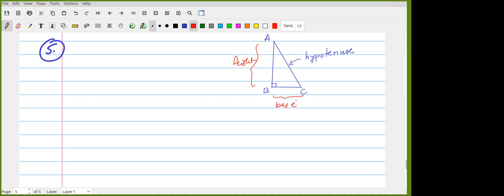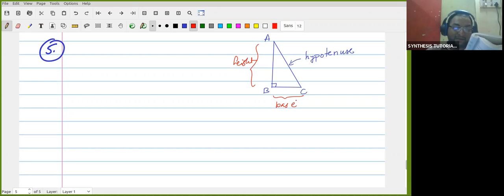Now the question goes this way. The altitude of a right angle triangle is 7 centimeter less than its base. So this altitude is less than base by 7 centimeter. This is one information. So the diagram is incorrect. It should be the other way around.